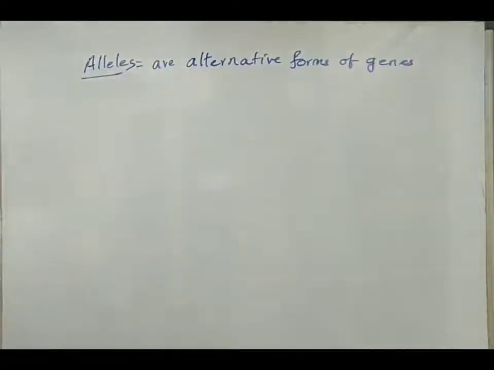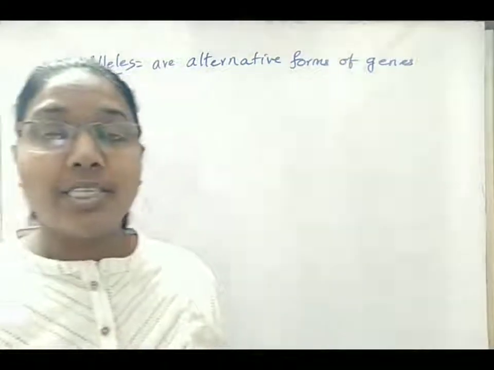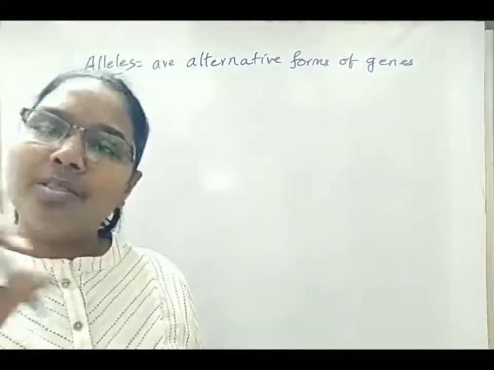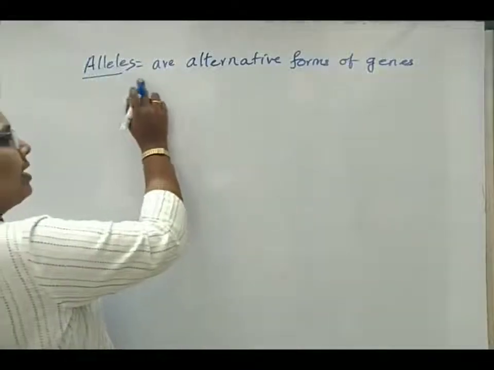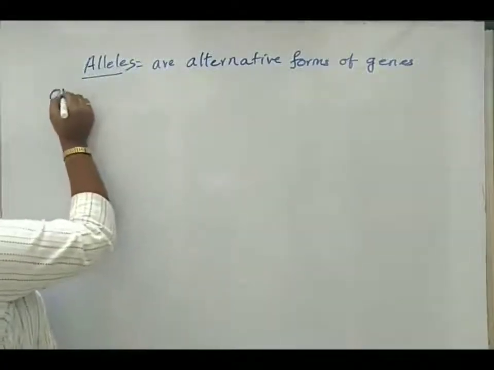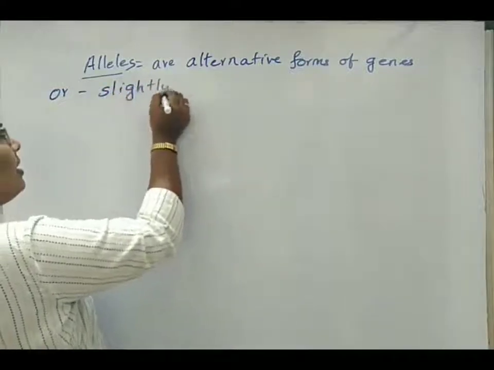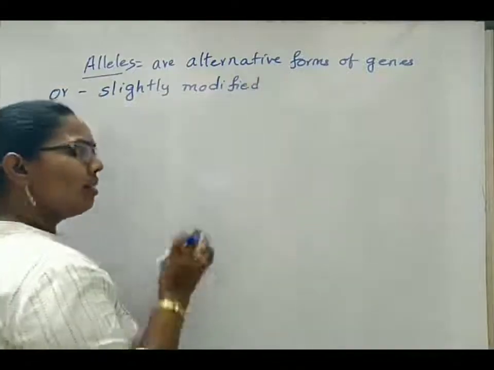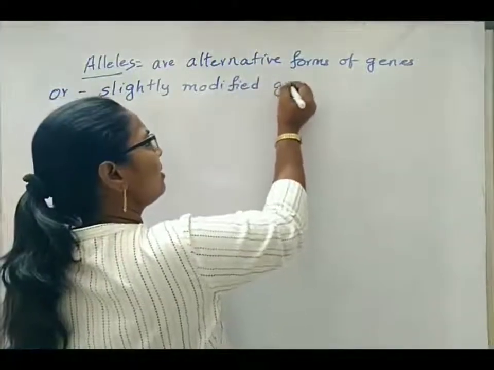Students who are learning this genetics topic for the first time should learn that genes are not giving rise to alleles, but genes are just being expressed in different forms. Those different forms we are calling as alleles. So alleles are alternative forms of genes, or alleles are slightly or a little bit differently modified genes.